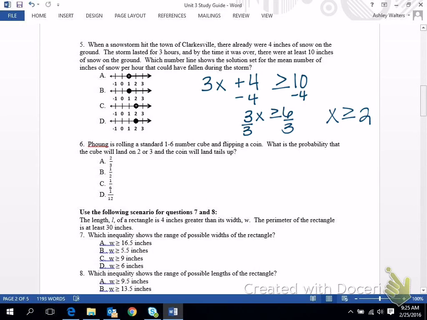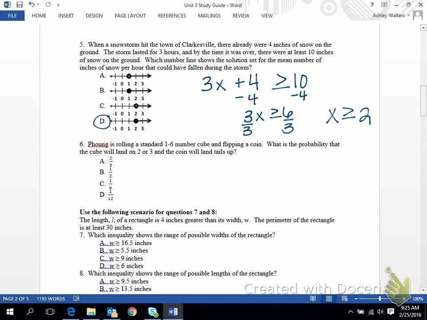When you graph this, 2 is going to be included. And you can include fractions because it's possible that you accumulated 2.5 inches of snow or 2 3/4 inches of snow. So the graph that matches this situation is D.